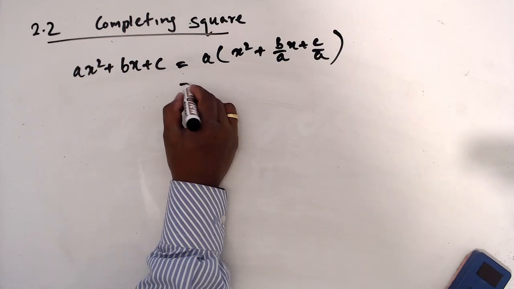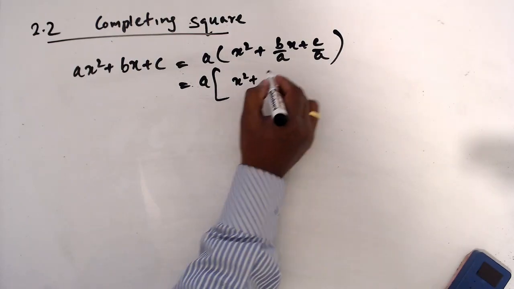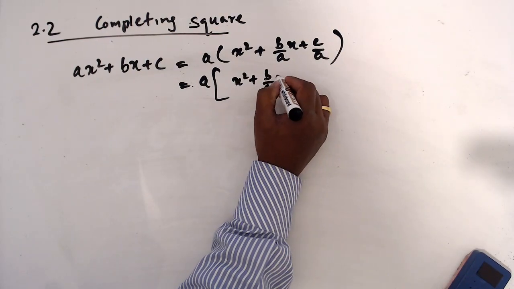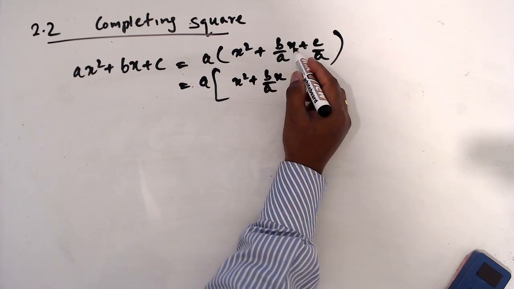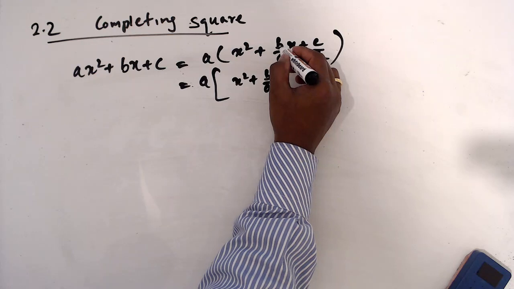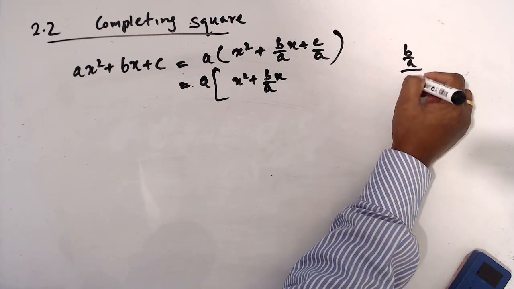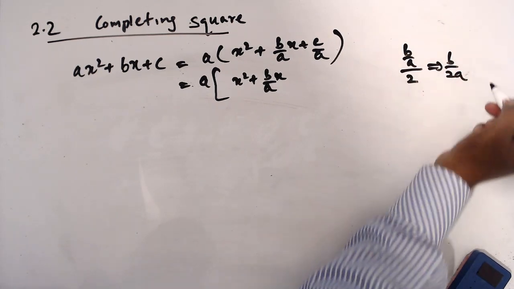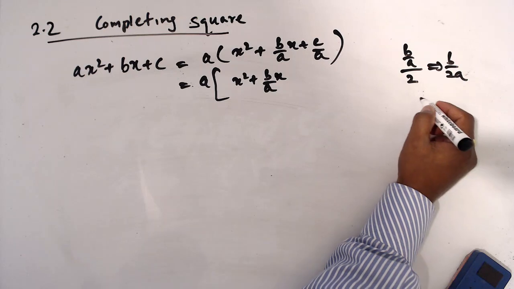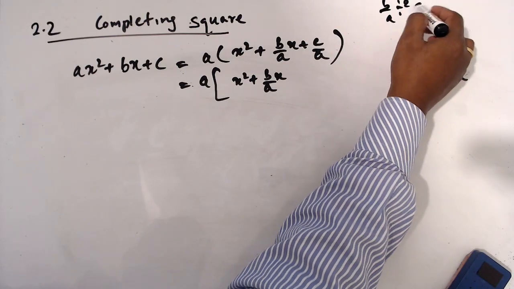Then keeping a as it is, x square plus b over a x, I want to add half of b over a, so I divide by 2.